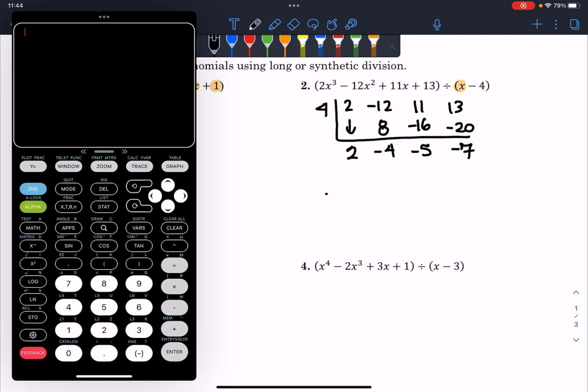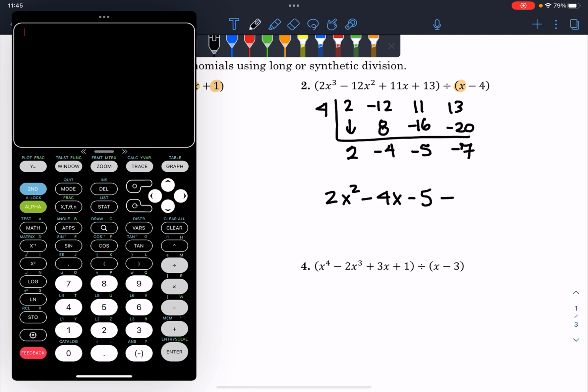So we're going to end up with 2x to the second power. Remember, it's always going to be 1 degree less than the initial polynomial. So our quotient starts with 2x to the second, and then it's minus 4x to the first power, and then minus 5. A remainder of negative 7 can be written in two ways.